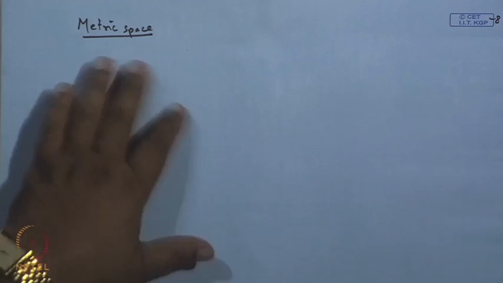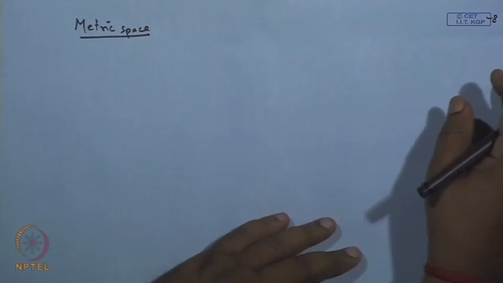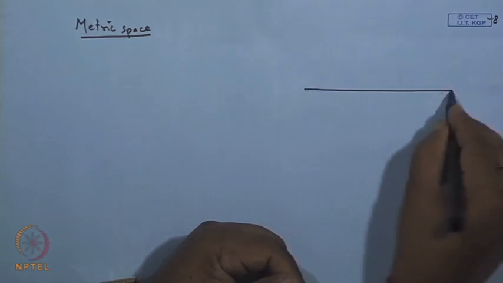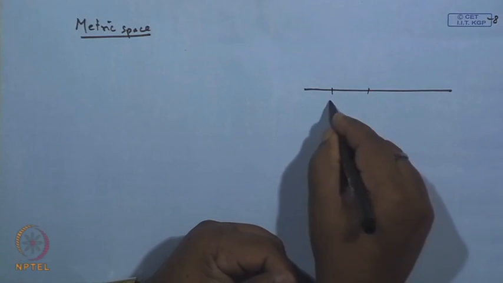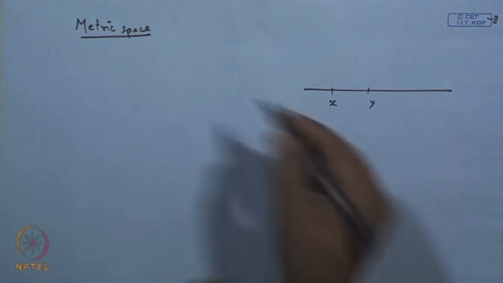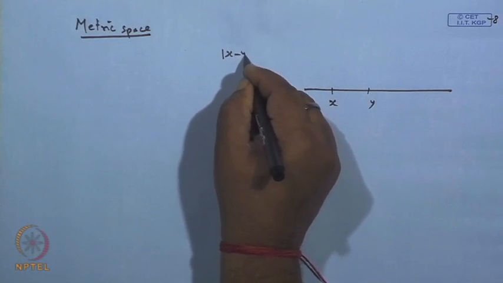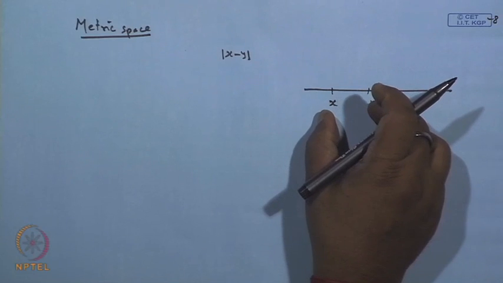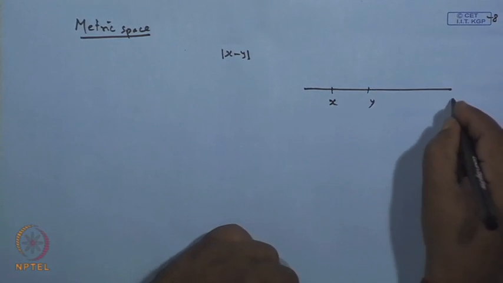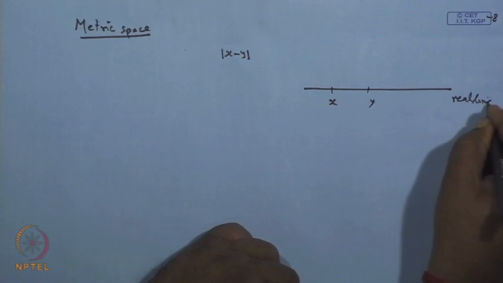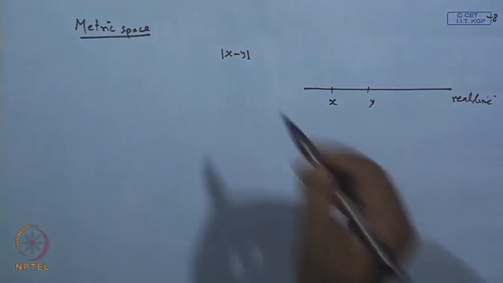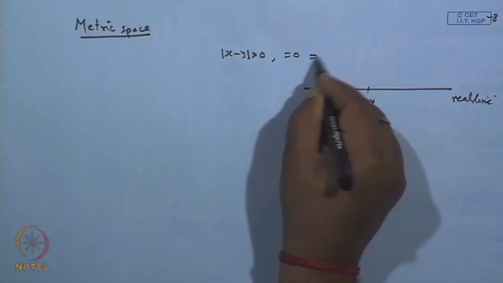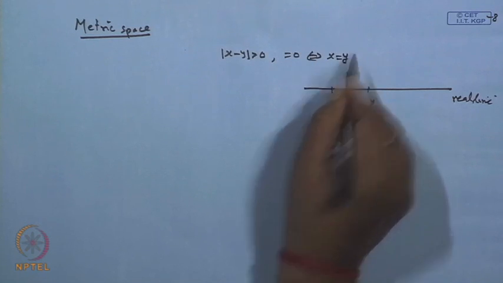This is the optional one, but we will discuss it here. As we have seen, in case of the real line, when we pick up 2 points x and y, the distance between x and y is defined as mod of x minus y. This is the absolute distance between the 2 points on the real line, and this distance will always be greater than 0 and will be 0 if and only if x equals y.